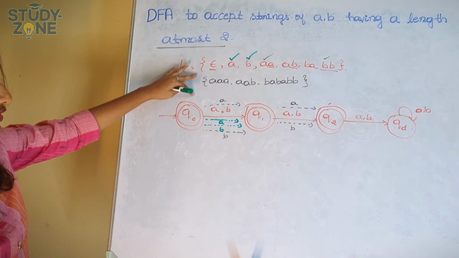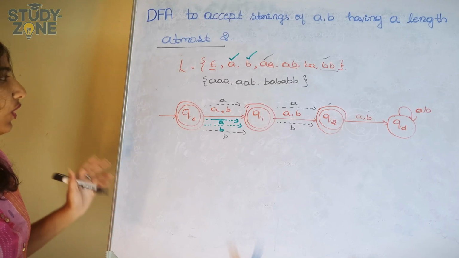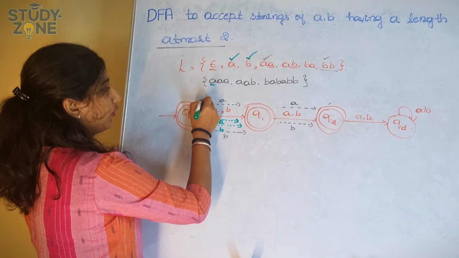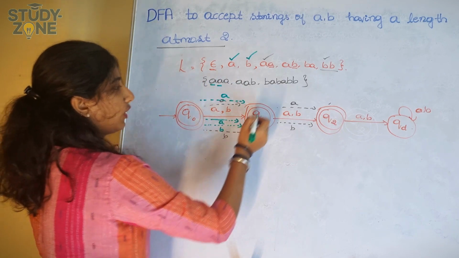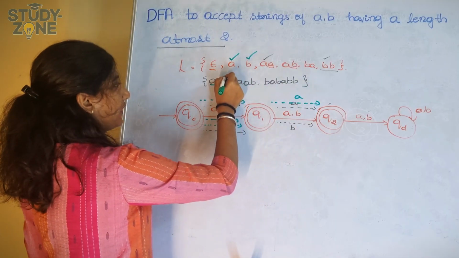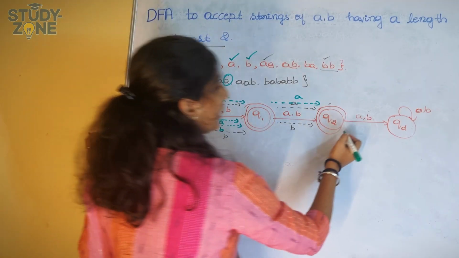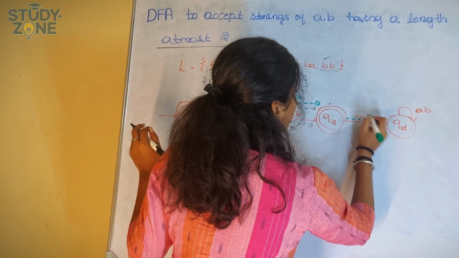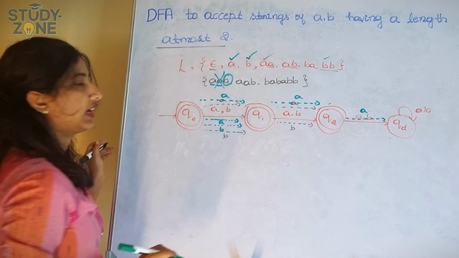Now all these things should get rejected, right? So let's check for that. Q0 on A moves to Q1. That's good. And Q1 again on A moves to Q2. This is also an accepting state. But we have one more thing, that is A. So Q2 on A moves to the dead state, so this string will get rejected.